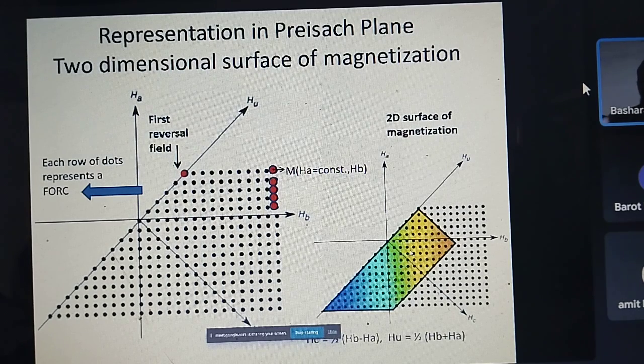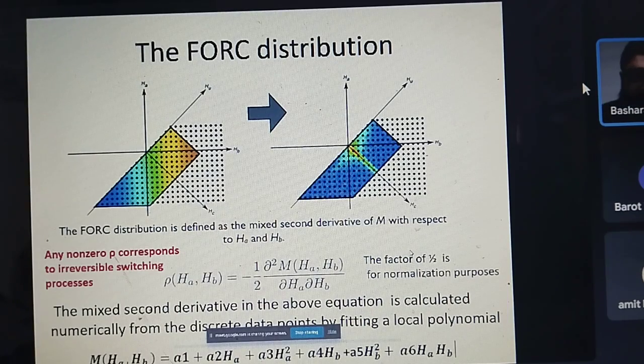That magnetization data is then plotted. Here it's a color plot of this magnetization data. The colors tell us about the magnitude of that magnetization. We normally call it a magnetization surface or a 2D magnetization surface. Here the values of magnetization are color coded. They are not shown as numbers.